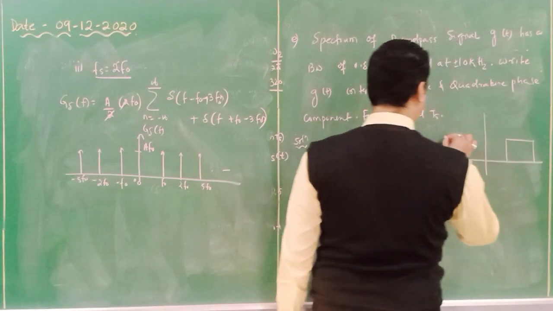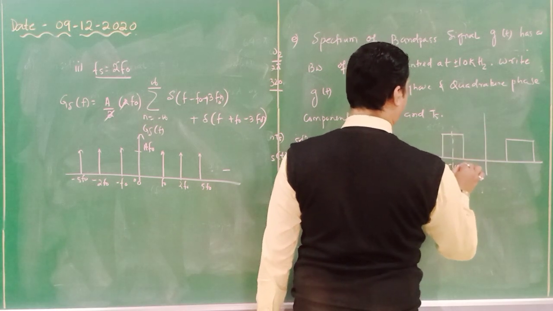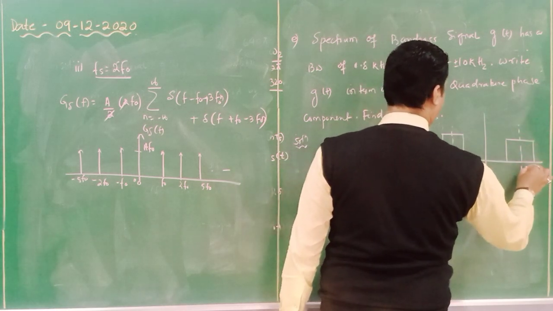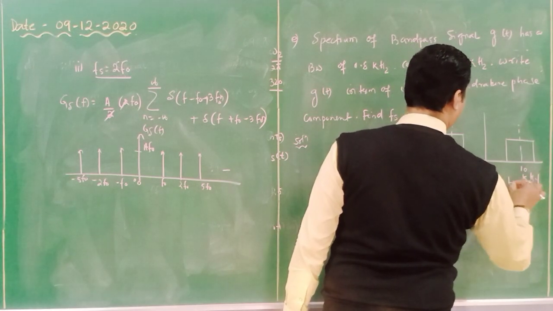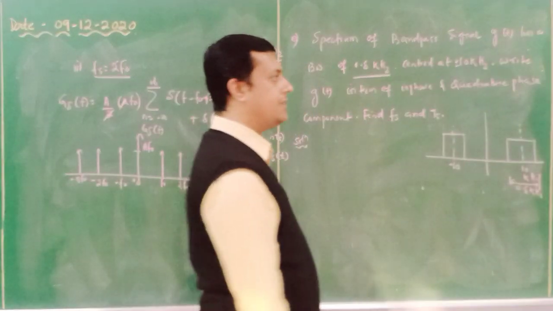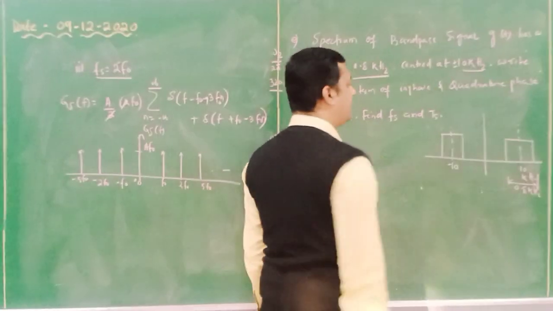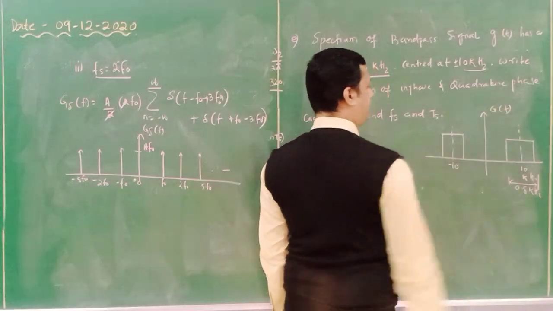This is a particular band and this is also a particular band, centered at minus 10, centered at plus 10 kilohertz, and the bandwidth is 0.8 kilohertz as it is given. So this is my G of F.